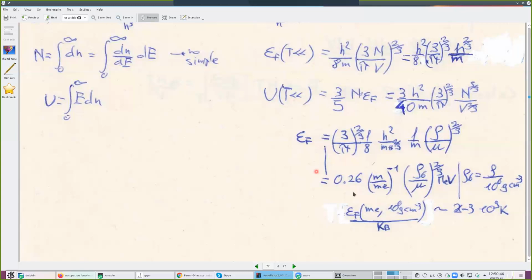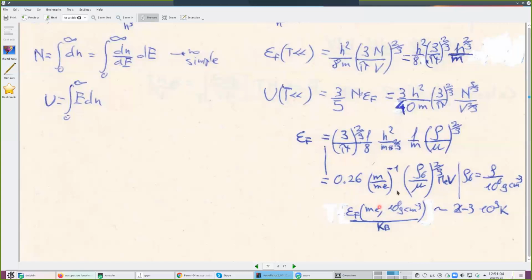You can see that this energy is approximately, for this density, a little less than 1 megaelectronvolt for an electron.